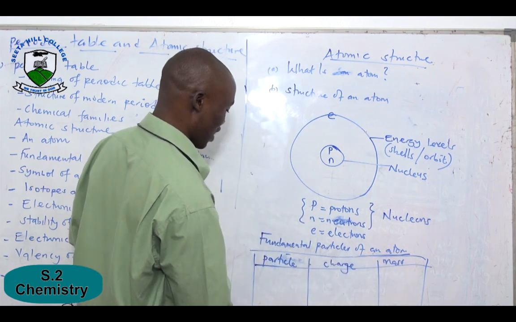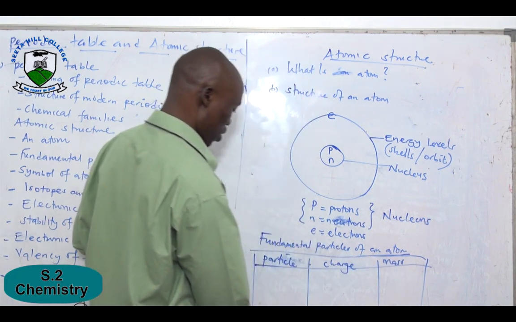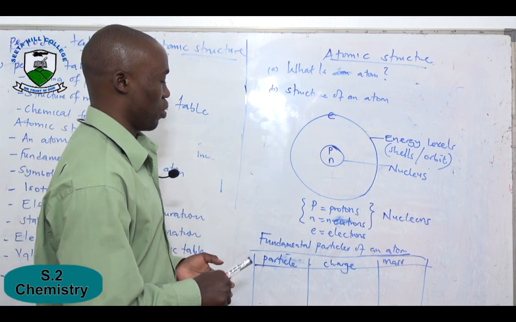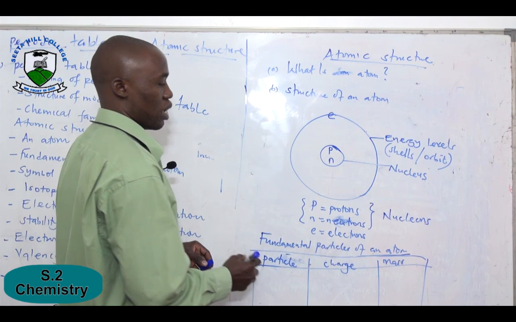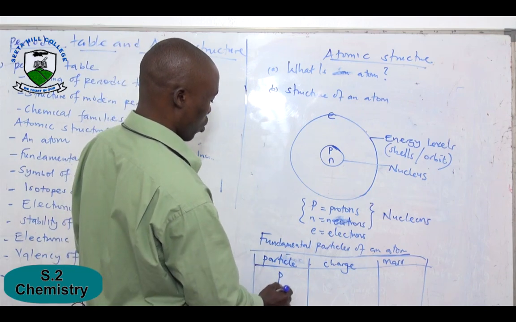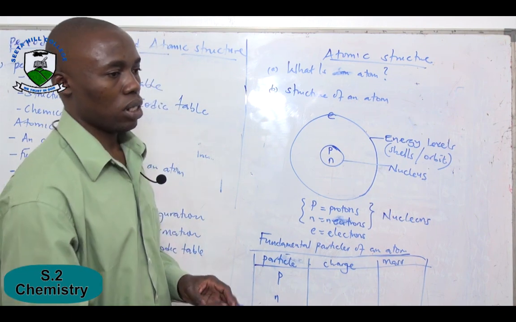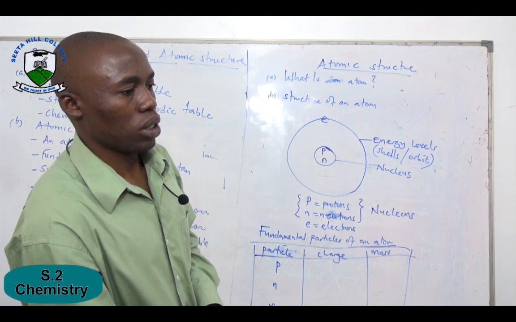Oh, that's right. Now, the atom has those particles: the first particle is called a proton, a neutron, and an electron. Now, Google's research.